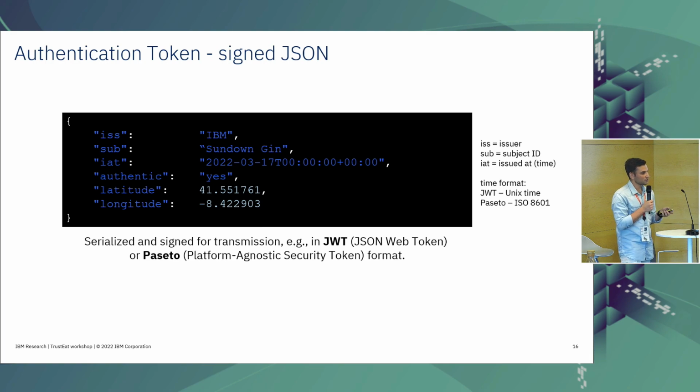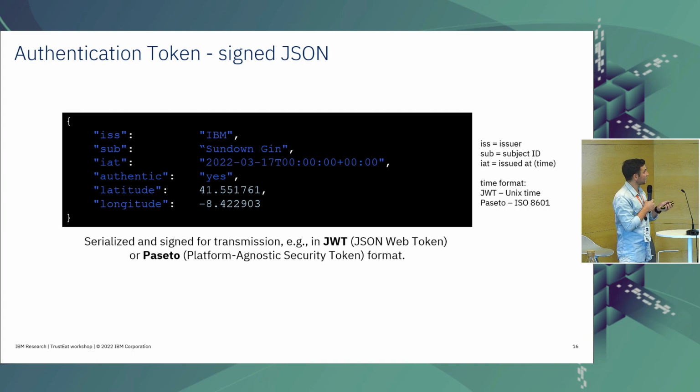This basically makes sure that the JSON file that you create can be encrypted and associated to a key, then understood by the authentication backend and by all the players that interact with the authentication backend. Usually we have common fields that need to be specified when we use JWT or Paseto.